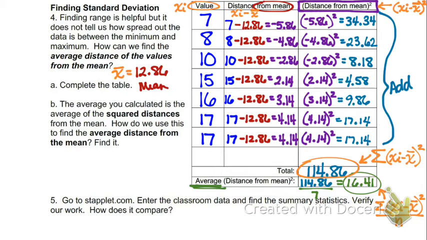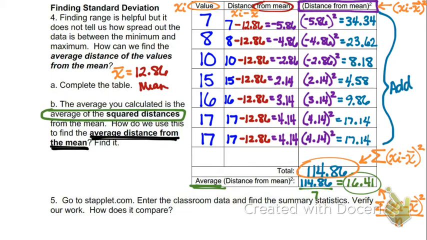So this number in green right here, that gives me the average of the squared distances. But what I want to find from this is not the average of the squared distances. I just want the average distance from the mean.